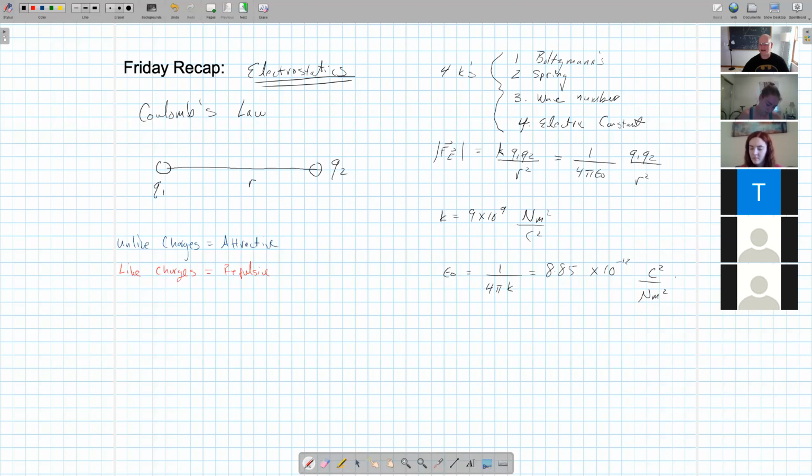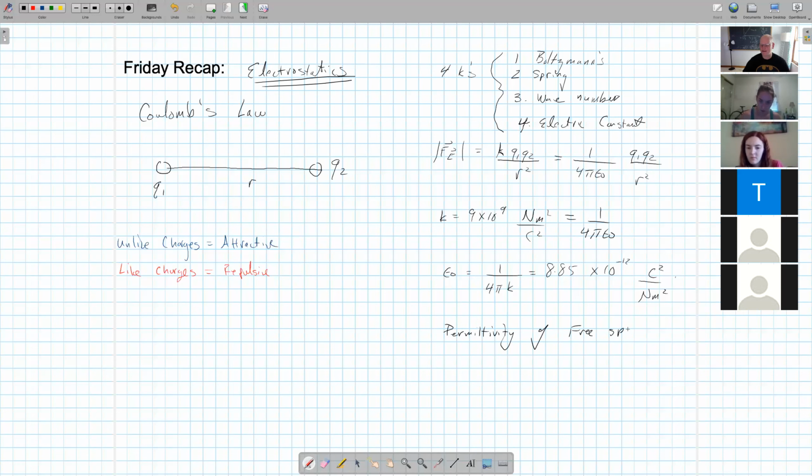So again, this is K times Q1 times Q2 divided by the distance r squared, or we're also going to write this as 1 over 4 pi epsilon naught, which means that K is equal to 1 over 4 pi epsilon naught, times Q1 Q2 divided by r squared, where epsilon naught is what's known as the permittivity of free space.